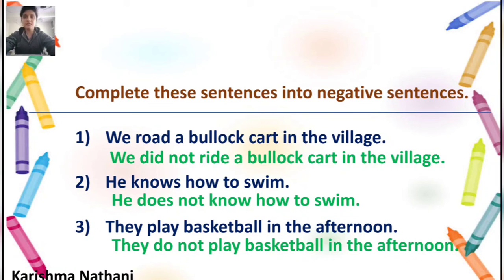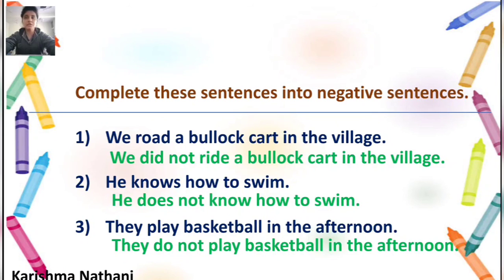First one, we rode a bullock. We rode. Rode shows past tense, so we have to use did, and when we are using did, we have to convert rode to ride from past to present form, so did not ride.